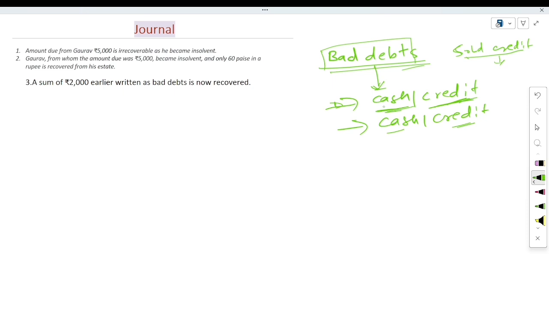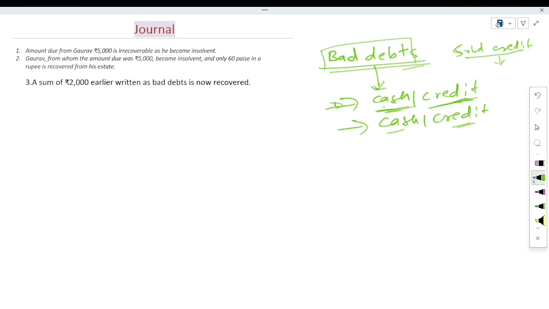So here is bad debt. Bad debt means that for our enterprise, for our organization, we are getting a loss of rupees 5000 or any other amount. So this will be known as bad debts. So what entry we will pass for the bad debts amount?